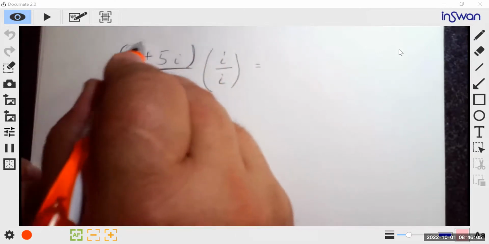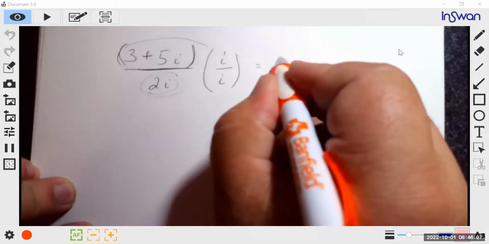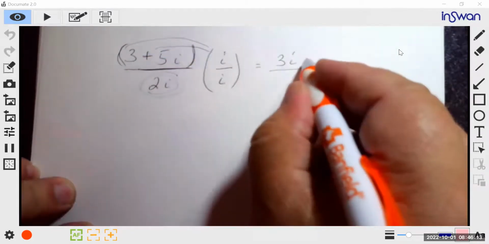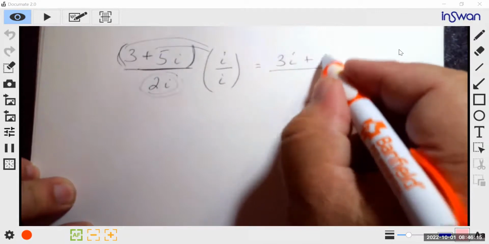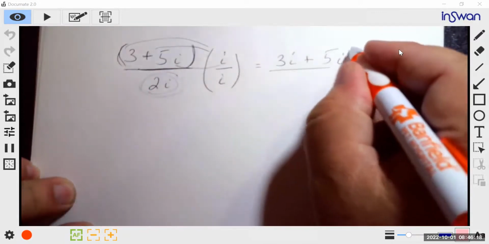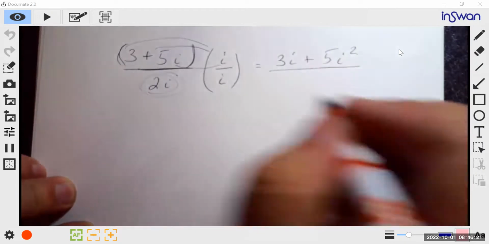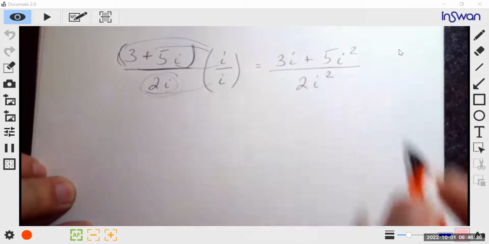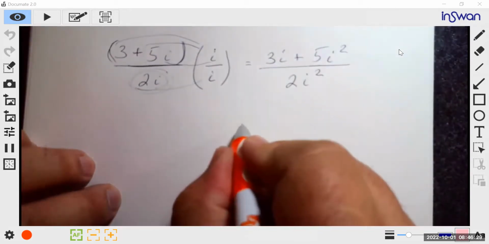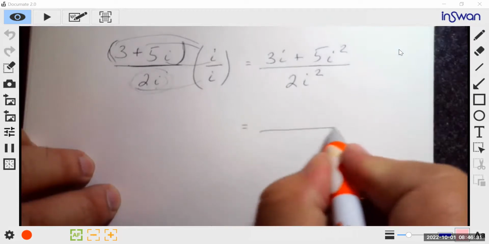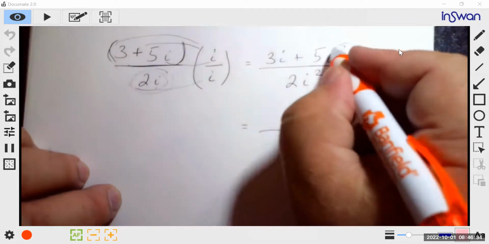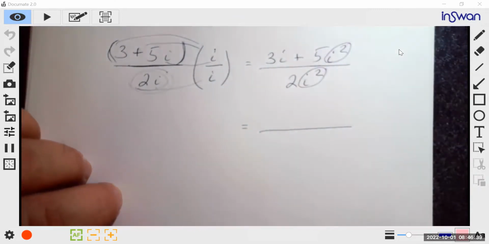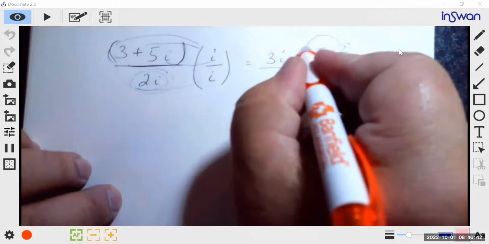Distribute. So we have positive times positive. 3 times I is 3i. Positive times positive is a positive. 5 times I is 5I squared. 2 times I is 2I squared. We have two terms with exponents in them. So all they do is change the sign of the coefficient.